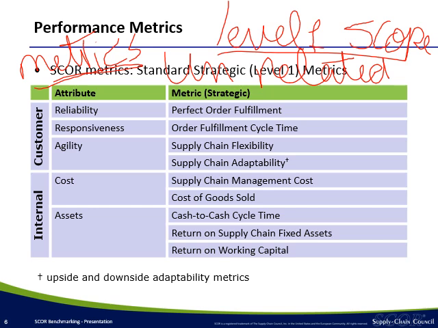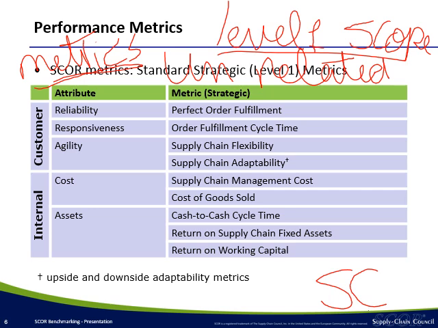So if you want to measure the performance of your company, any company can compete on one of 5 possible ways. And we focus here on the supply chain. The supply chain can compete on one of 5 things.